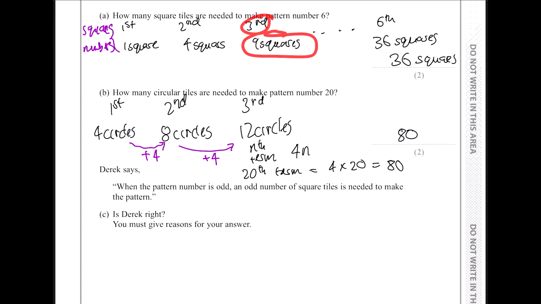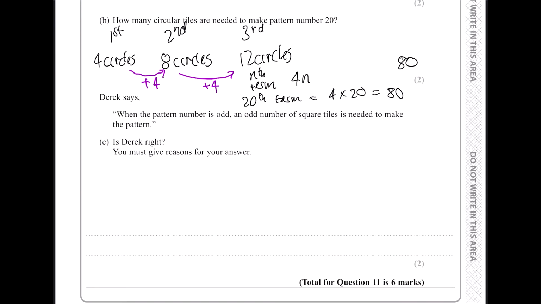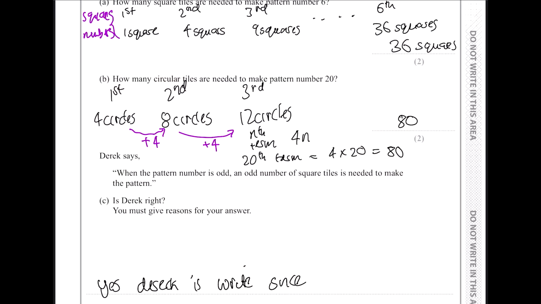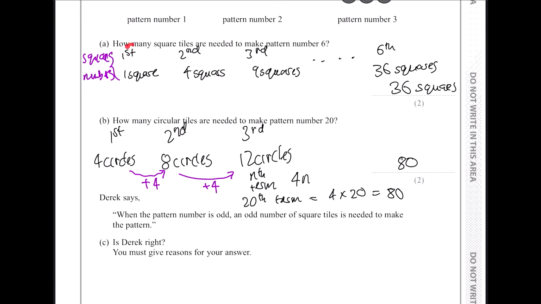So what we notice is that it's an odd term in every single pattern number that's odd. And so the answer can be yes, right? So yes, Derek is right, since what we're doing is, remember, the link between the terms and the square tiles is the squared numbers.